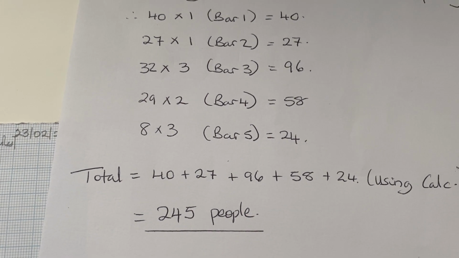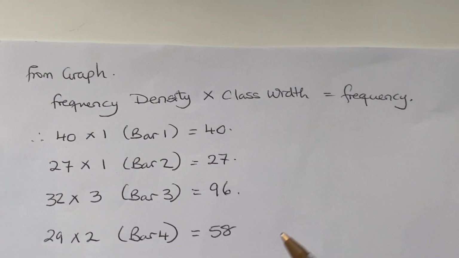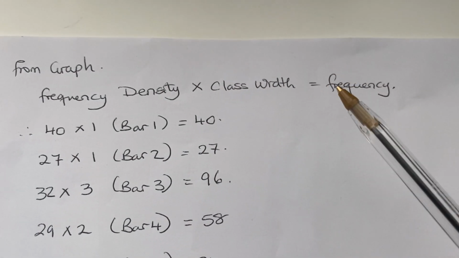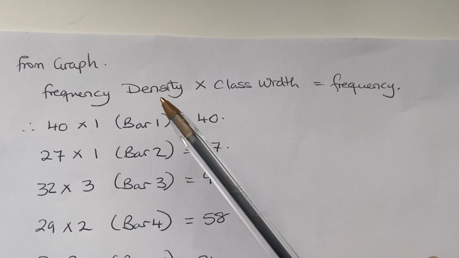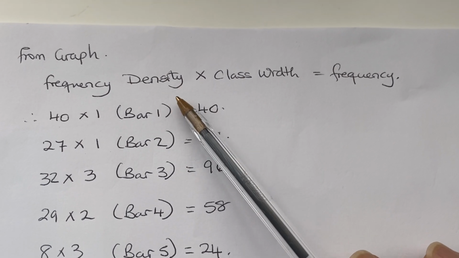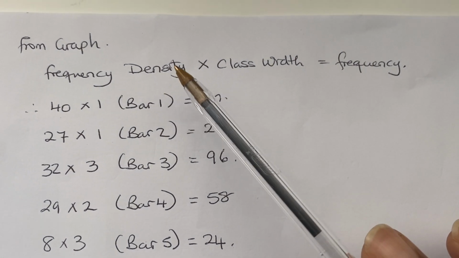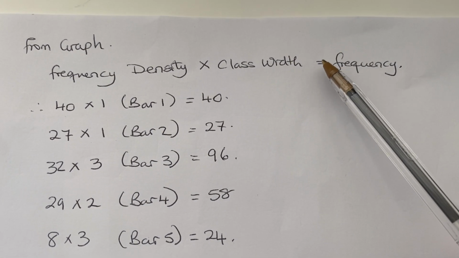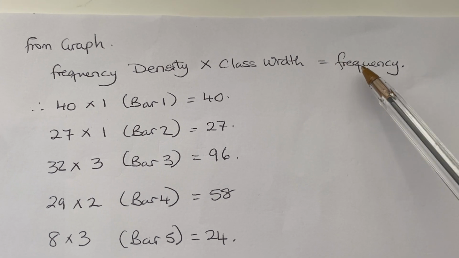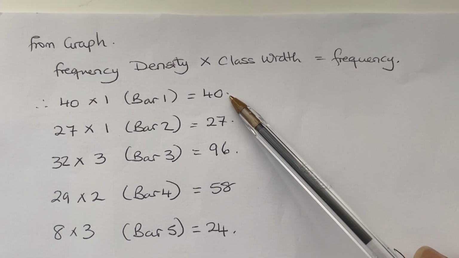If you add bar 1, 2, 3, 4, 5, that will give you the frequency using this formula, the same formula that you use to find the frequency density. You can swap, because frequency density equals frequency divided by the class width.